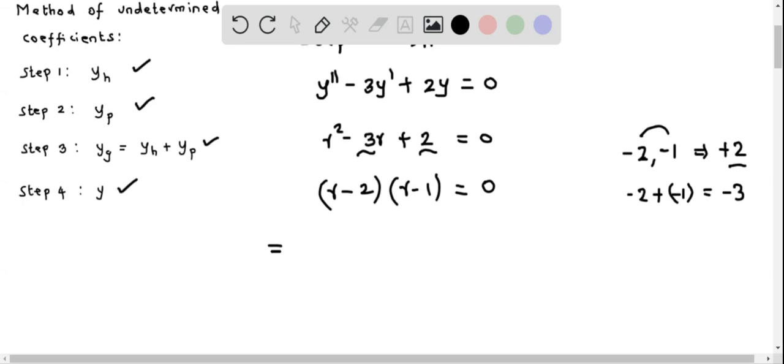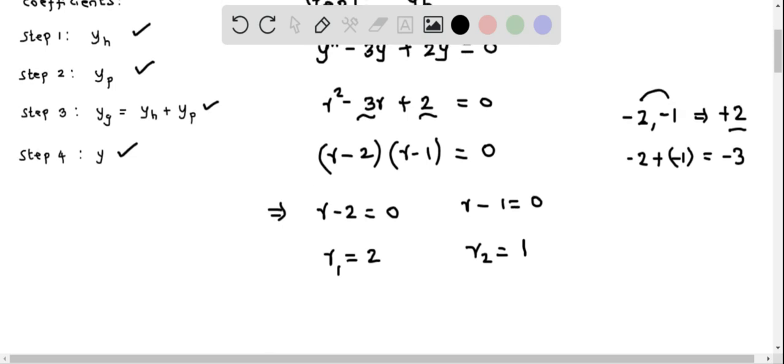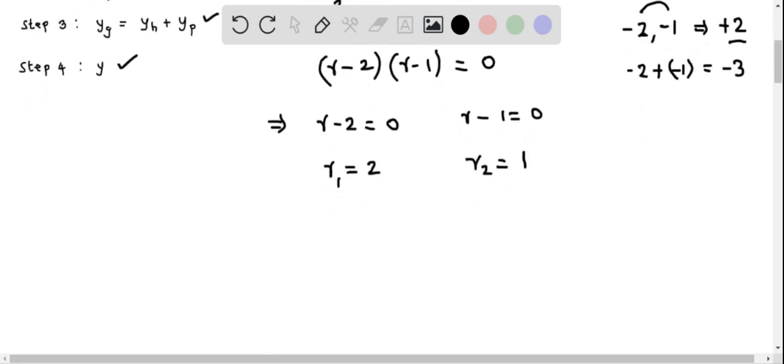Let's continue. This implies r minus 2 equals 0, or r minus 1 equals 0. So we get two values for r. We can say r1 equals 2 and r2 equals 1. So we found the values of the two r's, and this means we can write down the homogeneous solution. That is yh equals c1 e raised to the power of r1t plus c2 e raised to the power of r2t.